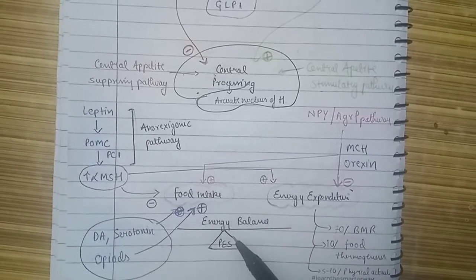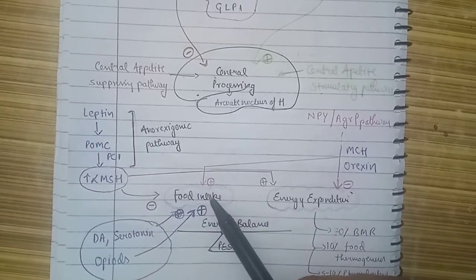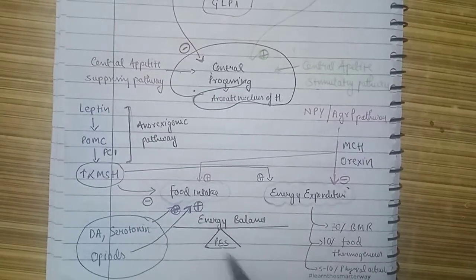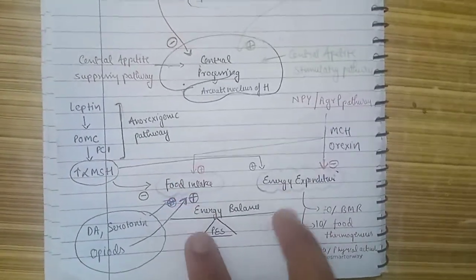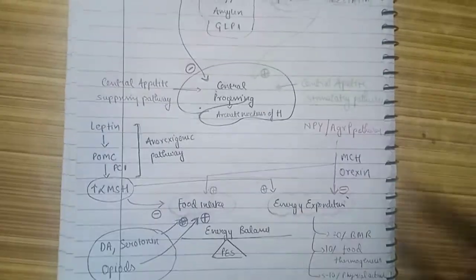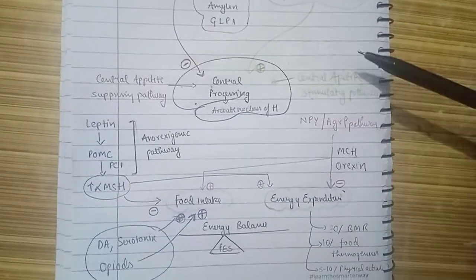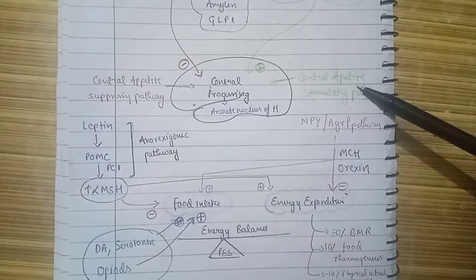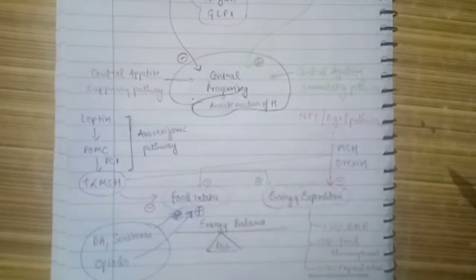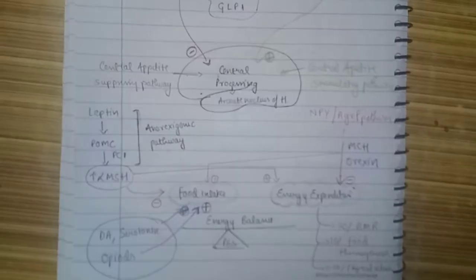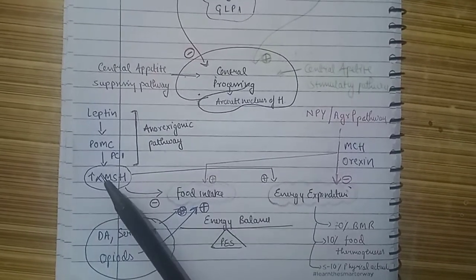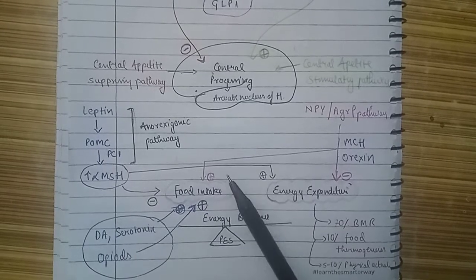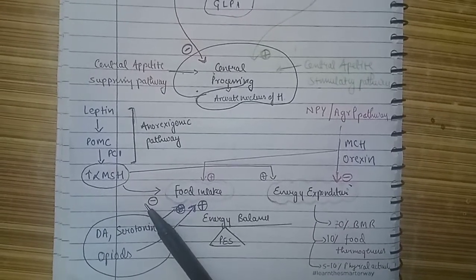Now efferent system includes two components, the food intake and the energy expenditure. There is a balance that fluctuates and decides whether the appetite stimulatory pathway or the suppressing pathway will be activated, is decided here. So in case we have alpha melanocyte stimulating hormone excess, the food intake will be decreased, okay, by the person.